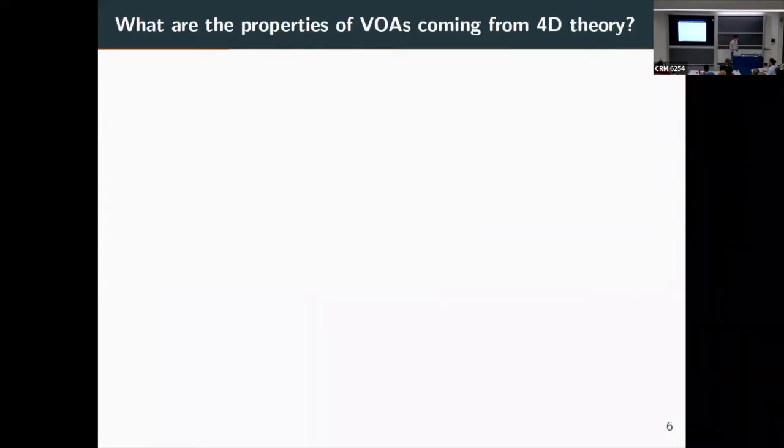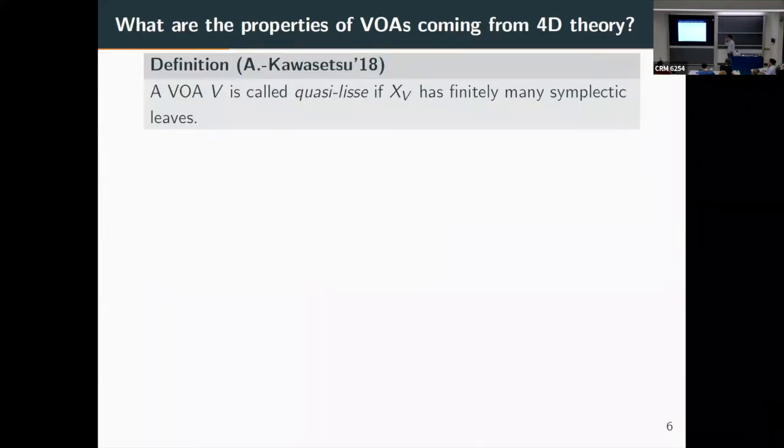Of course, this is a very difficult problem because it is almost equivalent to defining a four-dimensional theory. So I don't know the answer, but I can say a little about some of the properties that the image should have. And as I said, the associated variety is a Poisson variety.